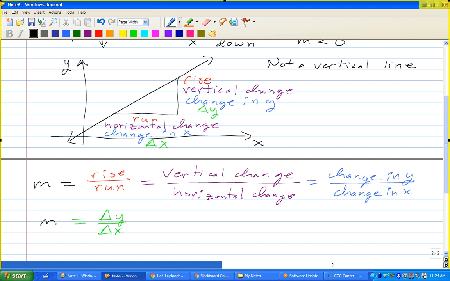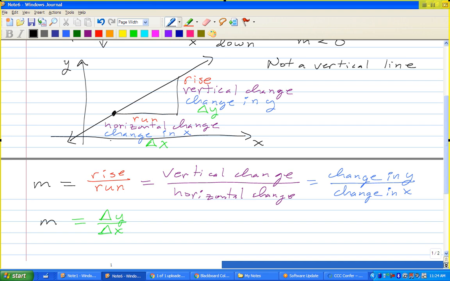Okay. Now, suppose that the coordinates of this point are x1, y1, and this is, say, x2, y2.